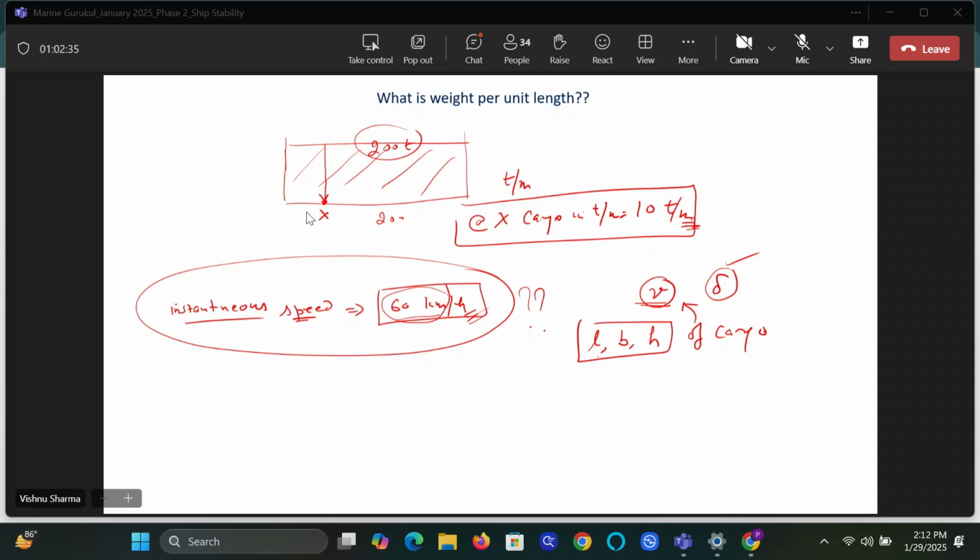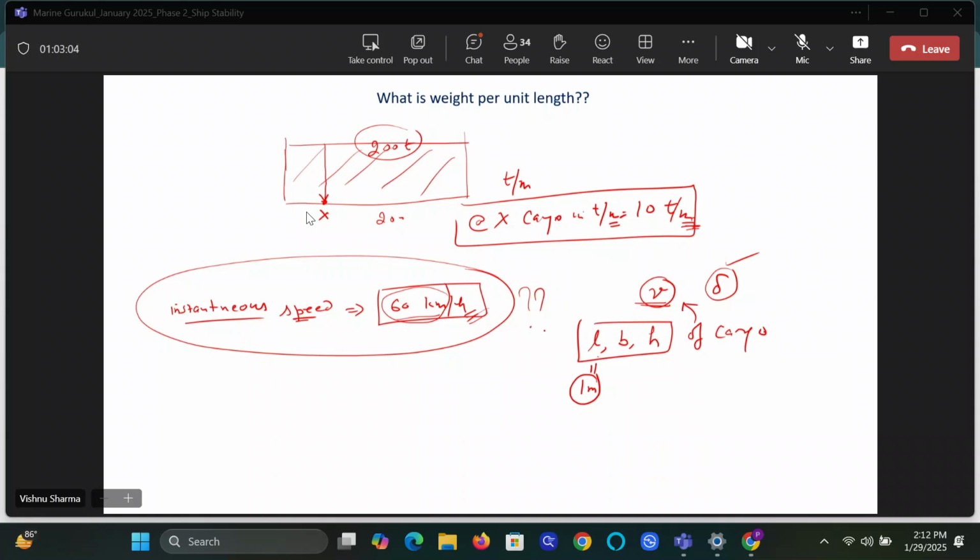Yes, sir. Okay. Now, when I'm asking what is the cargo weight in tons per meter, that means I want to calculate a volume over a length of 1 meter.